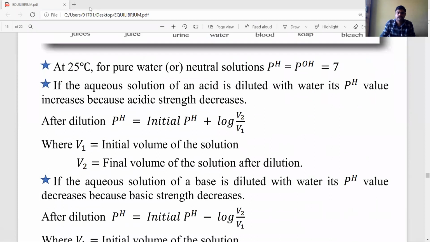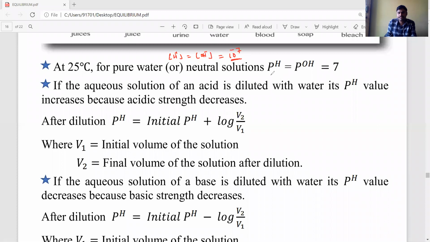For pure water, upon dilution, how will the acidic strength and pH change, for either acids or bases, we need to discuss. At 25 degrees centigrade, in pure water, the H plus ion concentration is equal to the OH minus ion concentration, which is equal to 10 to the power of minus 7.